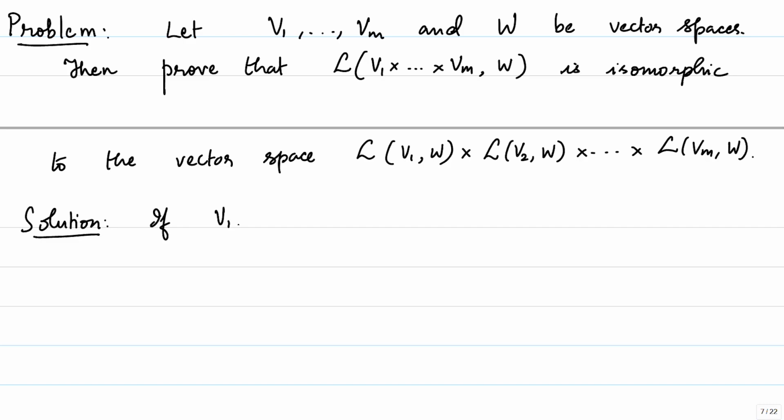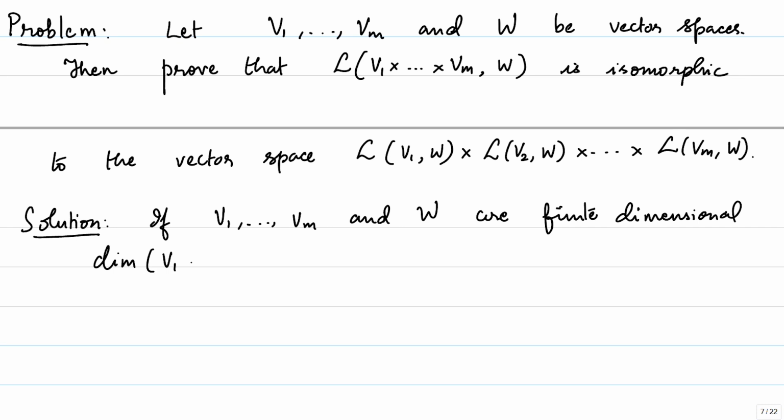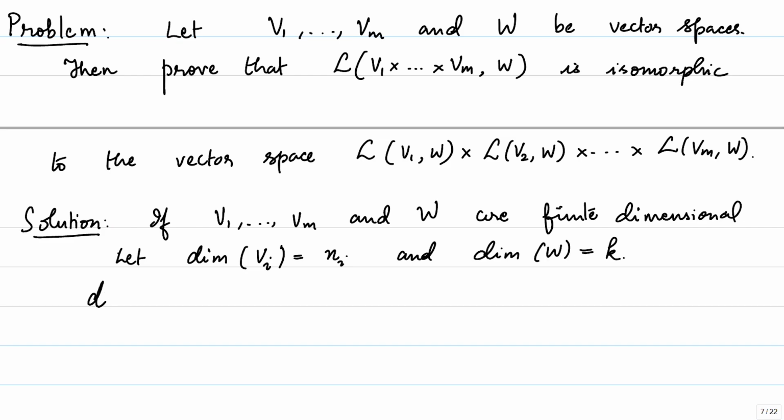If V1, V2 up to Vm and W are finite dimensional, then notice that, let the dimension of Vi be equal to say Ni, and the dimension of W be equal to say K. Then the first observation would be that V1 cross V2 up to Vm has dimension N1 plus N2 plus up to Nm.